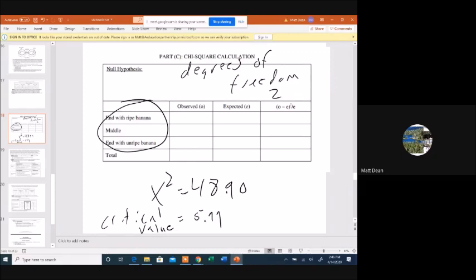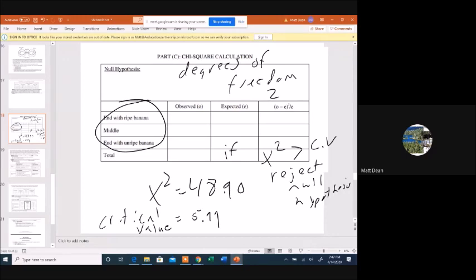And here's really what you need to know. If chi-squared is greater than your critical value, that essentially means that you can reject the null hypothesis. Now remember, our null hypothesis was that the flies don't really care.